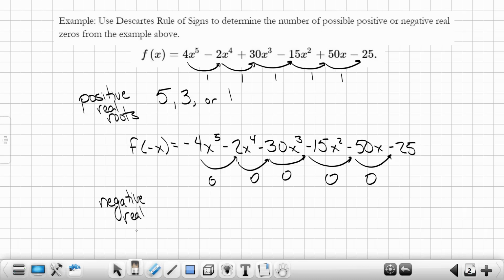So if the first exponent is odd, just change all the signs, as long as I don't skip one. What if I didn't have an x to the fourth term? Then it's 0x. So as long as it's even, don't change the sign of the coefficient of even exponents.